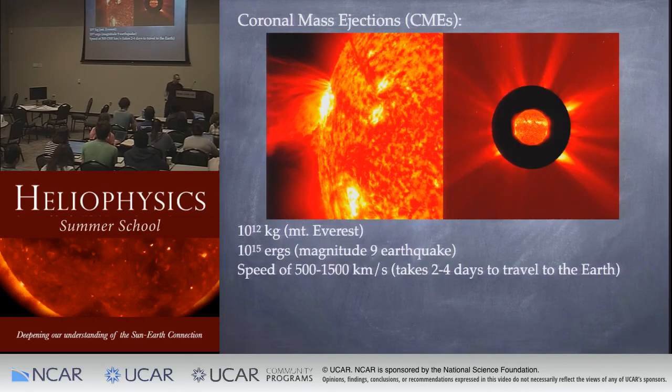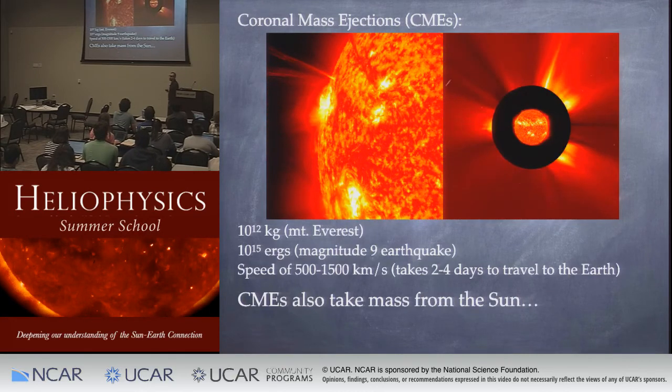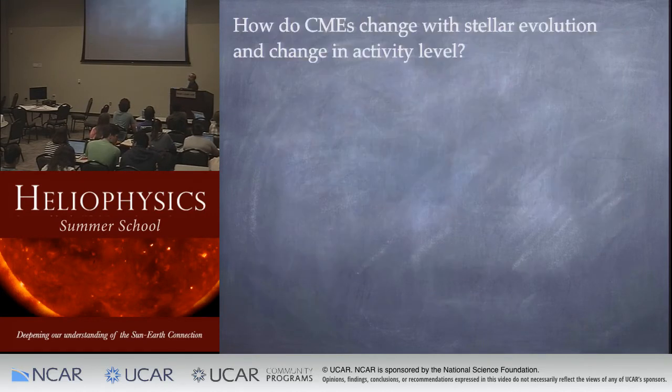Okay. Now, CMEs also take mass from the sun, and this is something to remember for later. So the question is, how do CMEs change with stellar evolution and change in activity level? So far we talked about the so-called ambient state: the ambient solar wind, the ambient magnetic field.